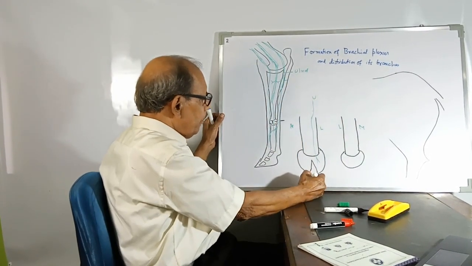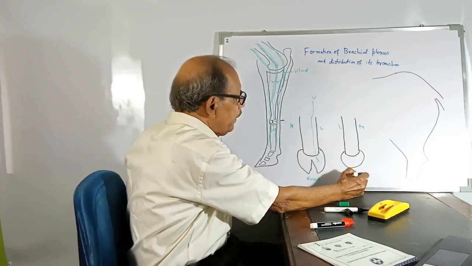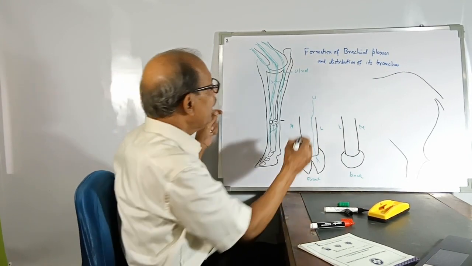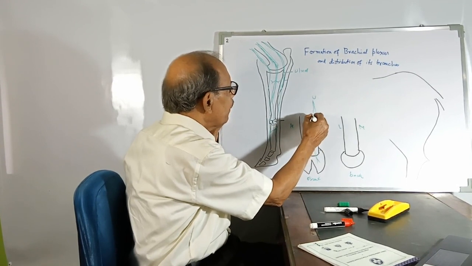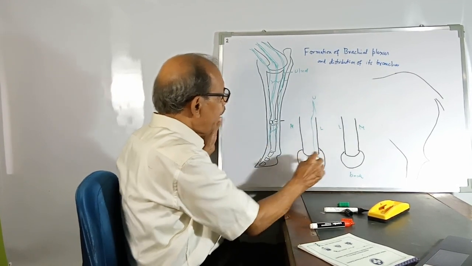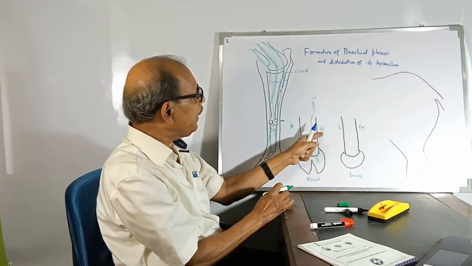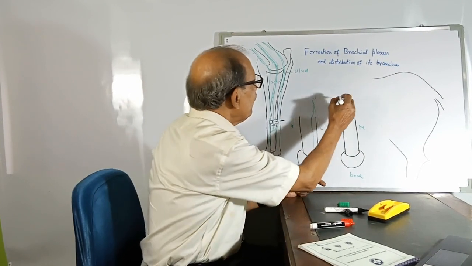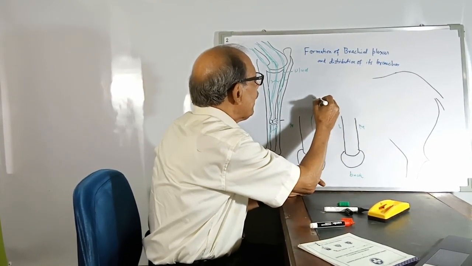This is front and this is the back side of the limb. The ulnar nerve divides, one is going towards the front and it continues as the anterior lateral abaxial digital nerve.